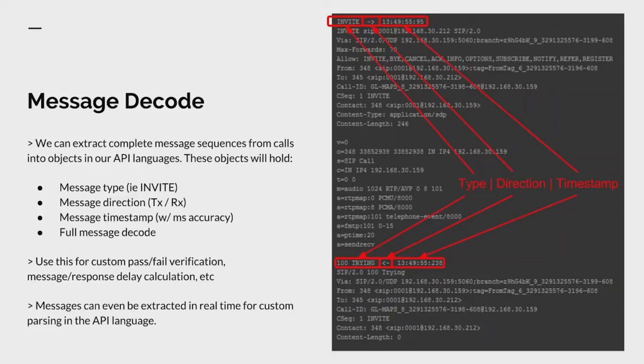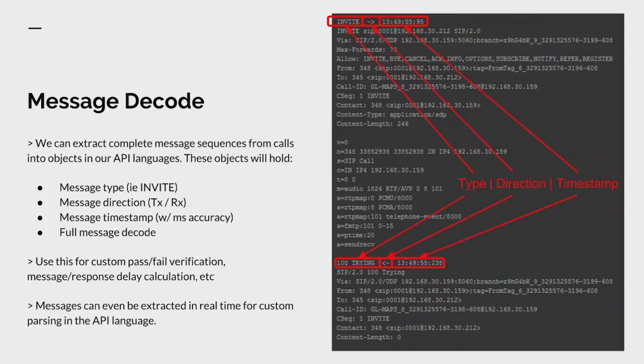Now that we deliver the transmit and receive time for all of our messages to millisecond accuracy, it becomes very easy for them to calculate that in the API language, just take deltas and figure out if they're getting the delays they want and assign a quick, easy pass-fail. So that's one nice new feature.